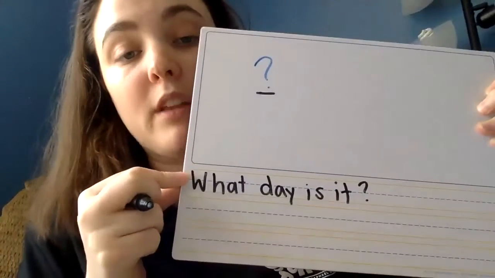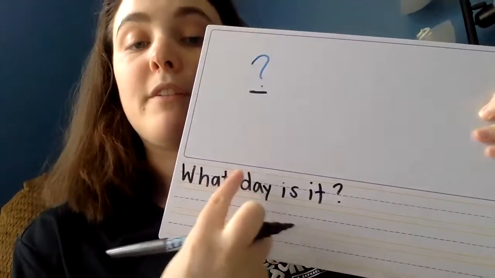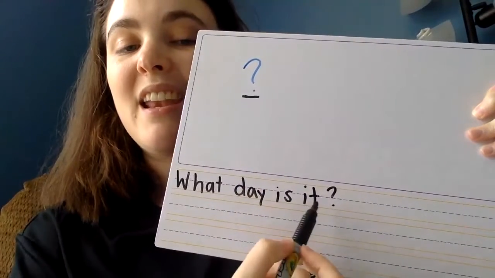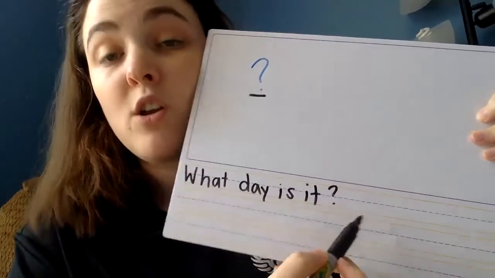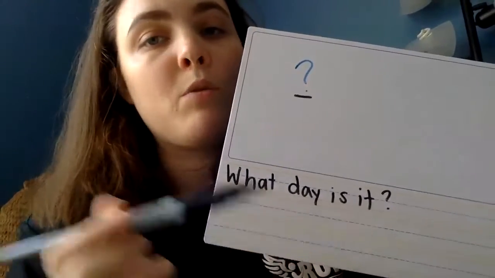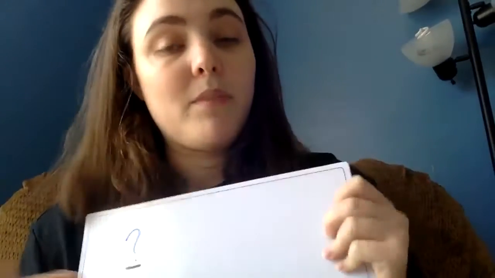So you can see at the beginning of my sentence, I have my capital letter. I made sure I put my finger spaces. At the end of my sentence, I put my question mark. So if somebody was reading it, they know that I'm asking a question, not telling them something.